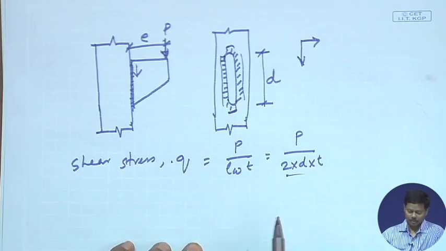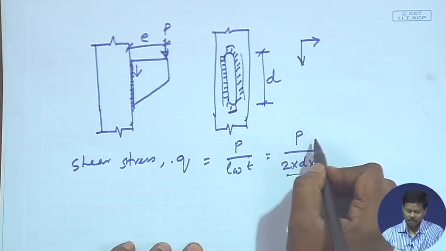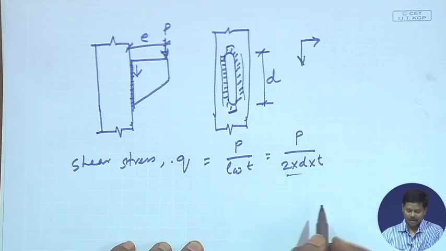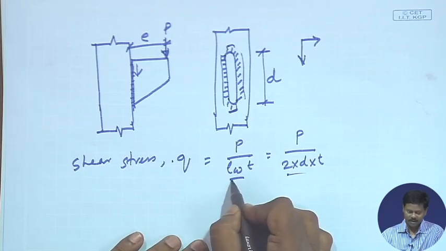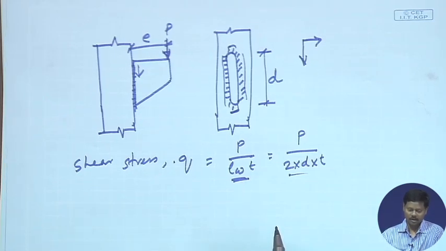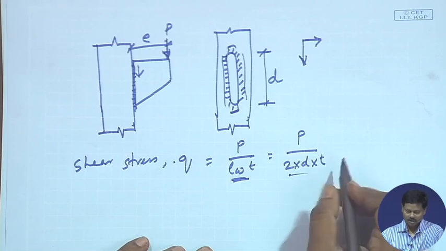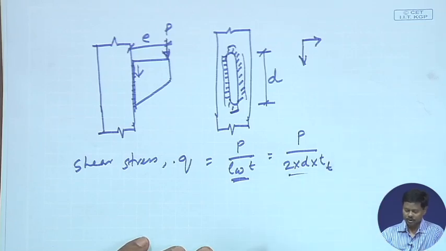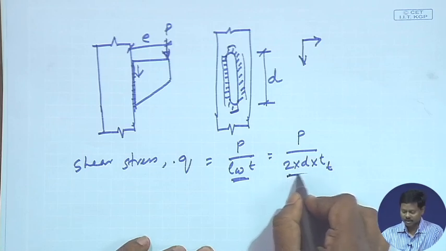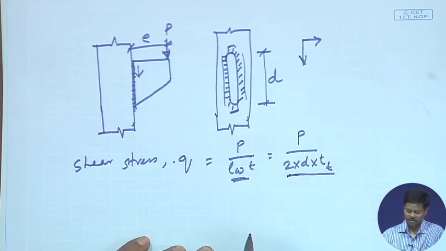Here P is the applied load with an eccentricity e, and D is the depth of the bracket plate or welding depth. Lw basically is the effective length of the weld, and t is actually tt, the throat thickness, because strength is calculated on the basis of the throat thickness of the fillet weld.